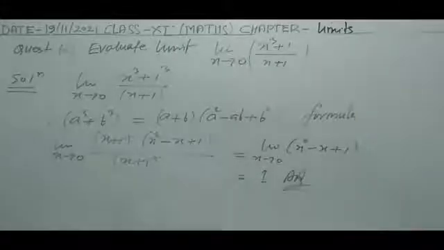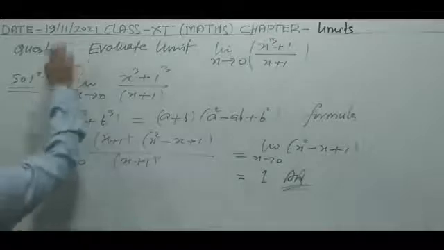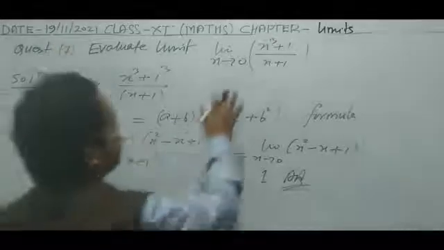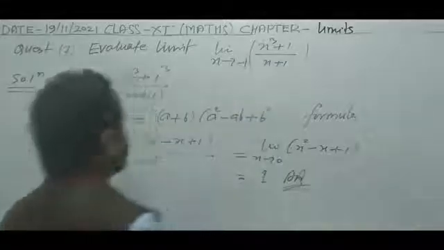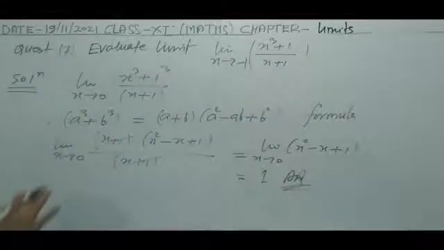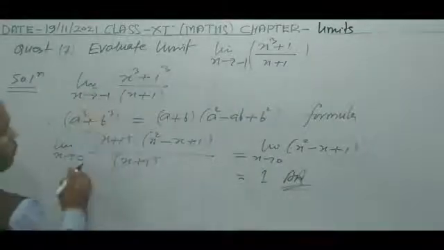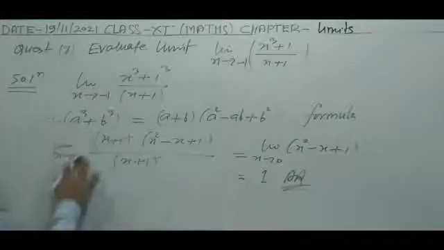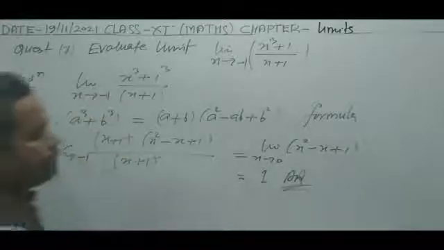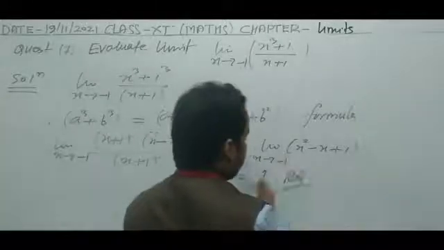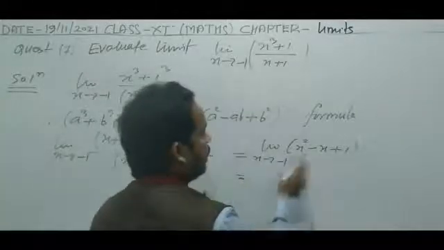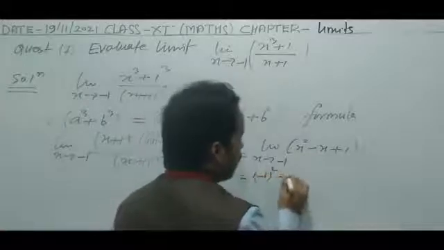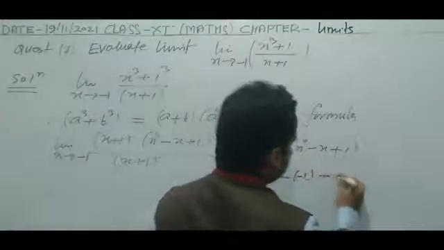Now suppose this is the same question when the limit is changed, because the same question is here in this book. Suppose question number 7 and the limit is minus 1. So the same process you will use, the formula will be the same, and when you operate limit x tends to minus 1, what result will you get? X tends to minus 1 means minus 1 whole square. Now this is minus 1 and this is plus 1.